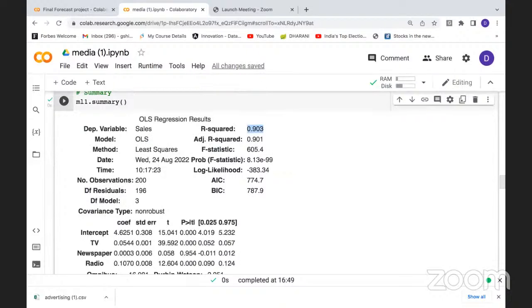Suppose now you added one more input like YouTube, an ad on YouTube with a budget allocated. If you add this YouTube, your R square value will increase.